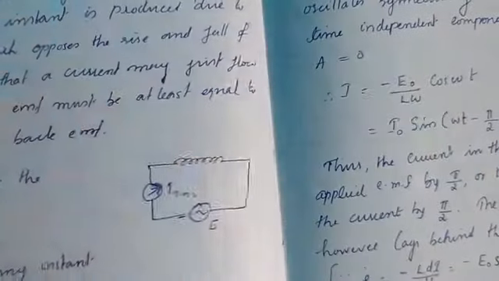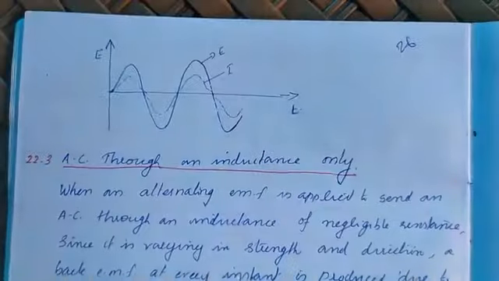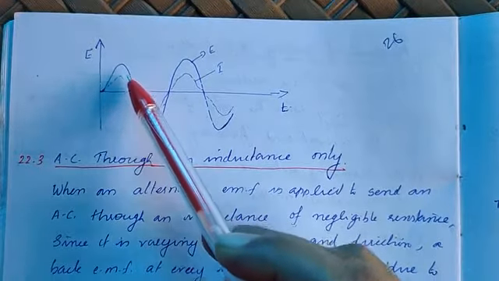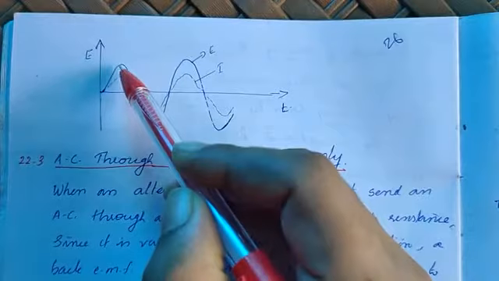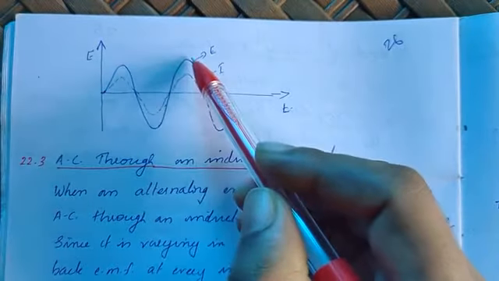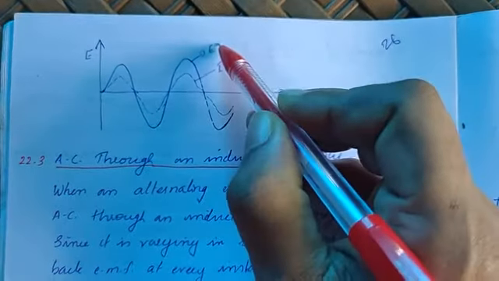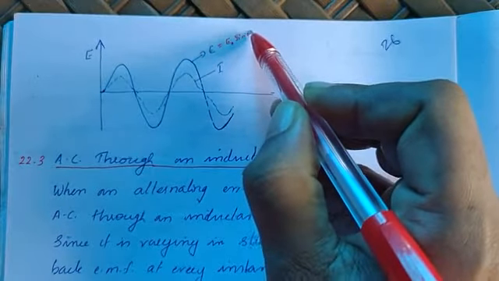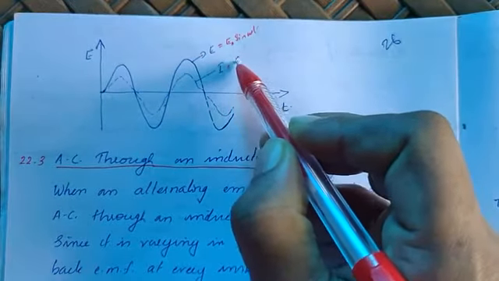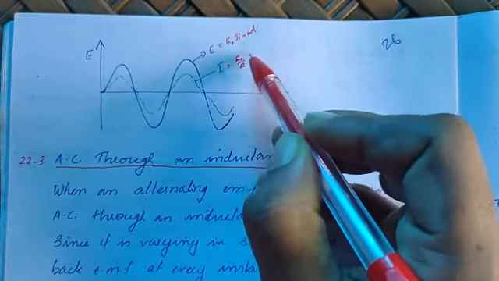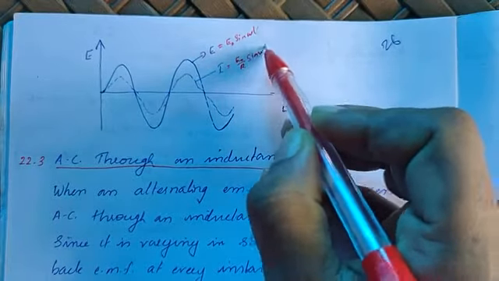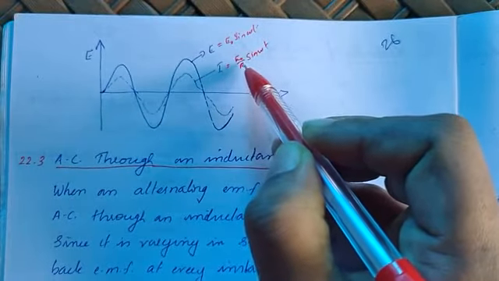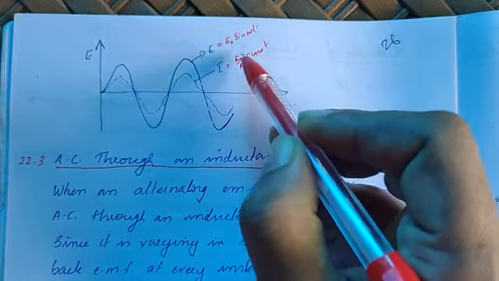This is represented in this graph. This upper curve represents the value of E. Since E is equal to E0 sin omega t, I is equal to E0 by R sin omega t, which means this E0 value is reduced by a factor of R, since R is appearing in the denominator.